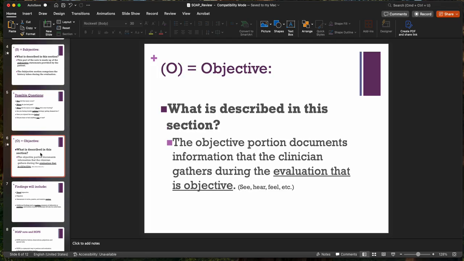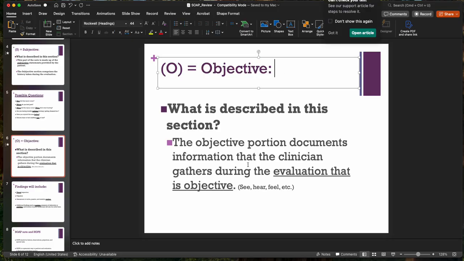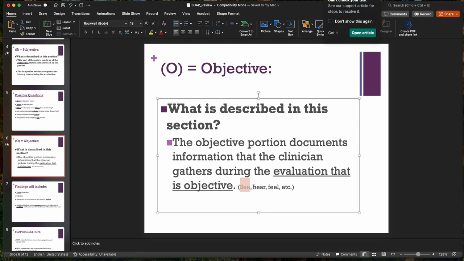The next section of a SOAP note is the objective section. These are things that the clinician can gather objectively during an evaluation. So these are things that the clinician sees, that they hear, that they feel, things that we gather through our senses.